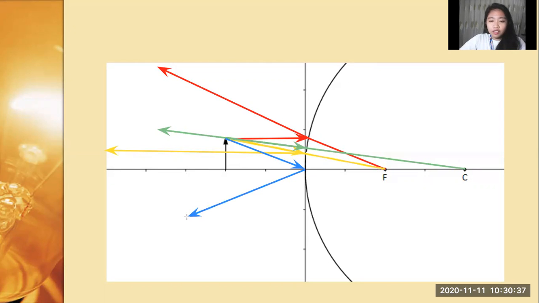Okay. So what we have here is that our reflected rays are diverging because we all know that a convex mirror is a diverging mirror wherein it separates all the reflected rays.